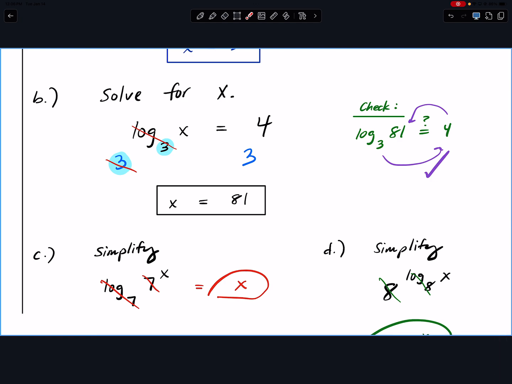So if there was no number right there in this log, what's the base if there's no number there? 10. So you'd have to do base 10 on both sides. Yeah, that's it. Okay.